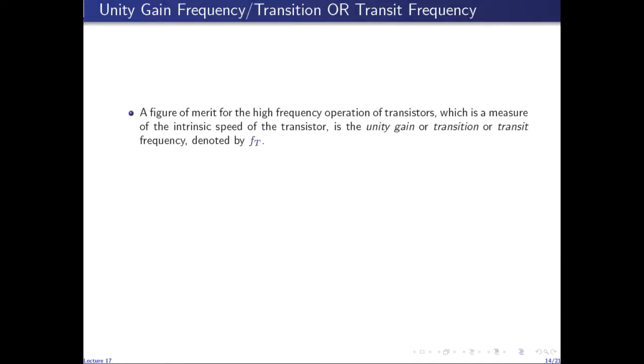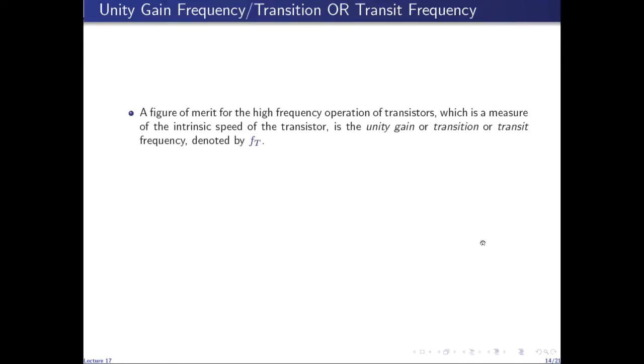It is a current amplifier. And for the MOSFET, the intrinsic gain is the gm, which is the transconductance. So these intrinsic gains associated with the transistors drop at high frequencies because of these capacitive effects.